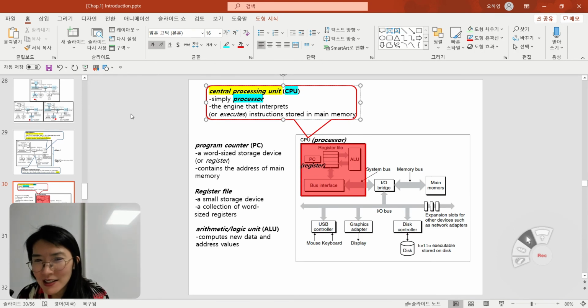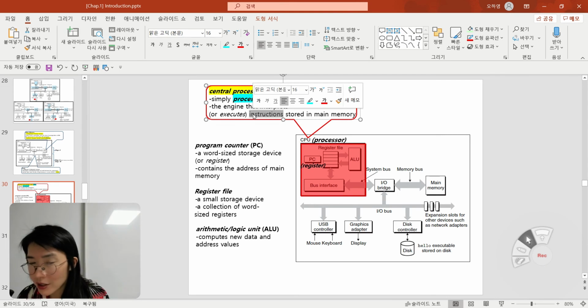Okay? So the CPU is the engine that interprets or executes instructions stored in main memory. All right? So we can execute our hello.c with the executable file name hello. All right? So the executable file name hello is the instruction.